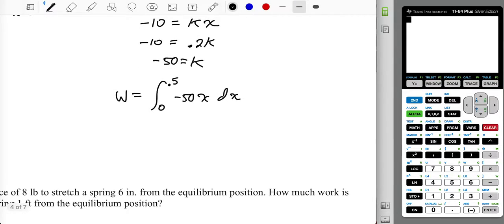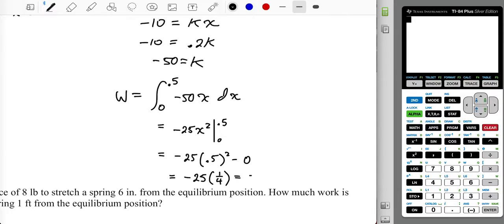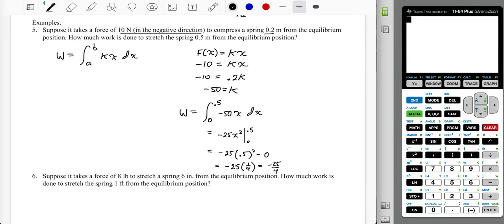So -25 x squared over the interval of 0 to 0.5. So -25 times 0.5 squared minus 0. So -25 times a quarter, -25 fourths.